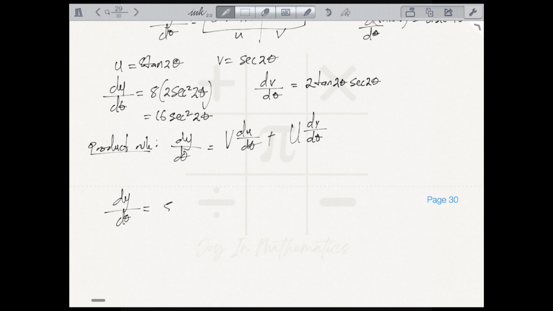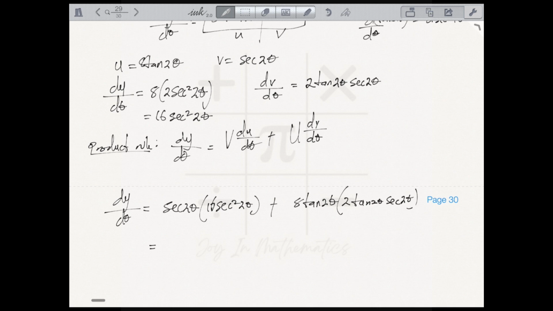Our v is known to be sec 2 theta, our du d theta is known to be 16 sec squared 2 theta, plus our u, which is 8 tan 2 theta, combined with 2 tan 2 theta sec 2 theta.